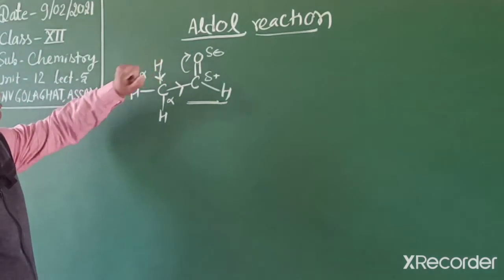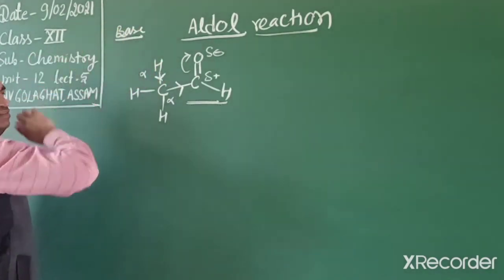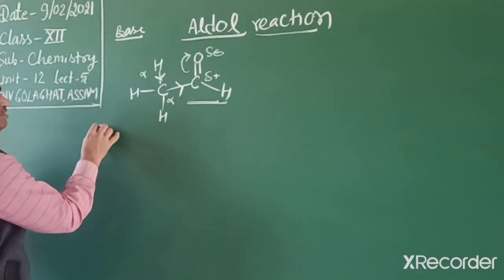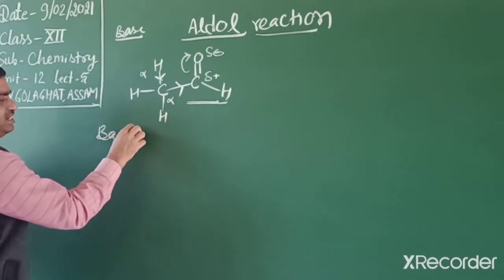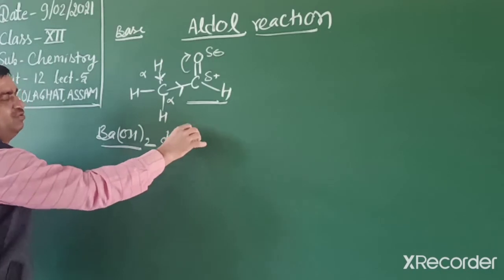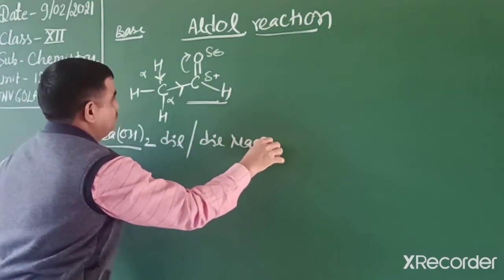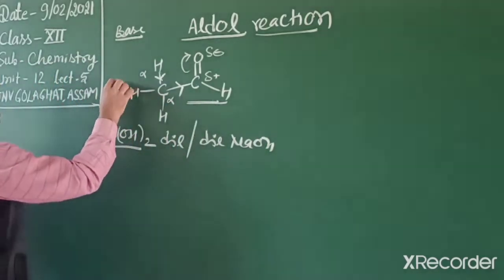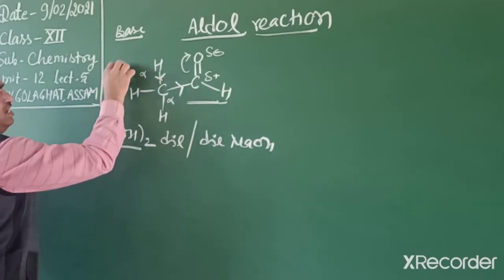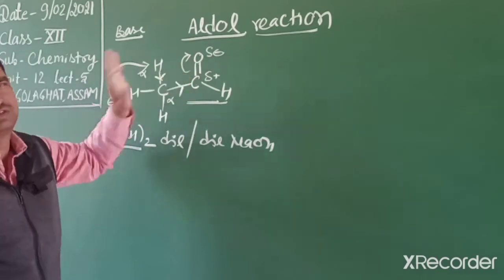So in the presence of a weak base, we can use dilute sodium hydroxide, or generally we use barium hydroxide. In this reaction, we can use dilute barium hydroxide or dilute sodium hydroxide. So the OH ion abstracts this proton, and the electrons move towards the carbonyl group.